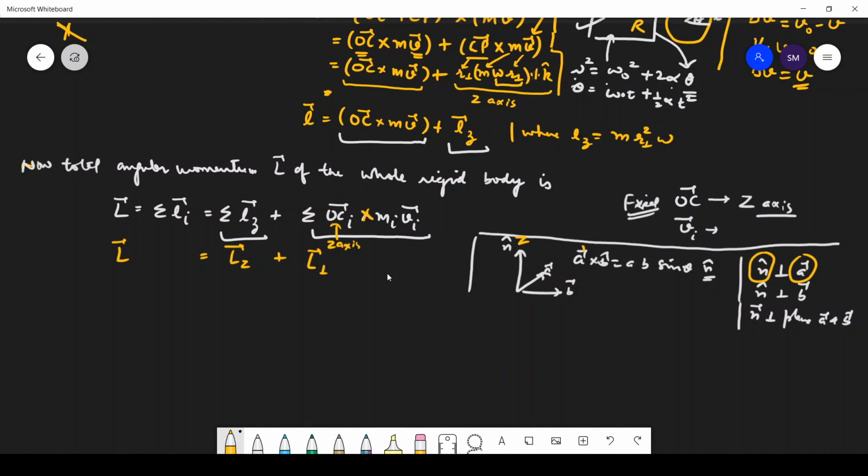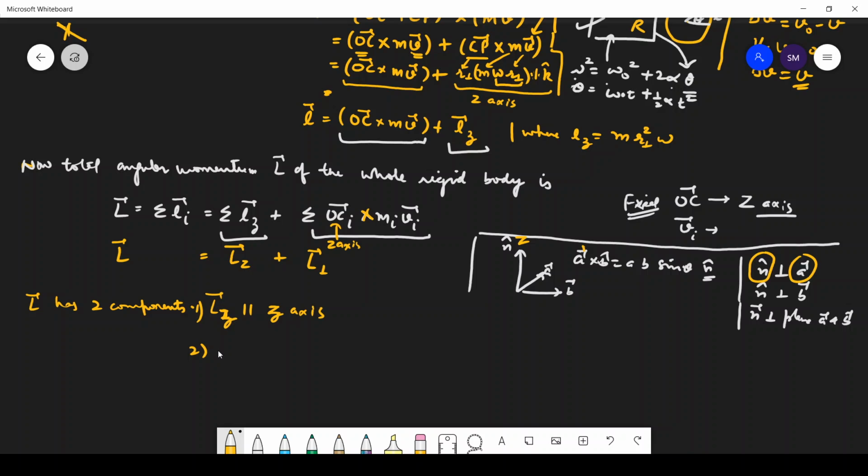You can write that L has 2 components. The first one is LZ, parallel to the z-axis. Write it like this also, that doesn't matter.